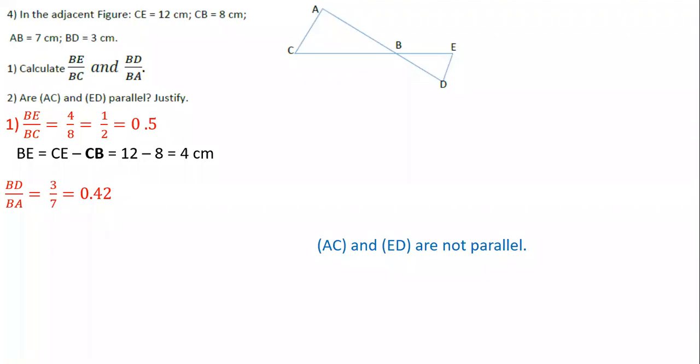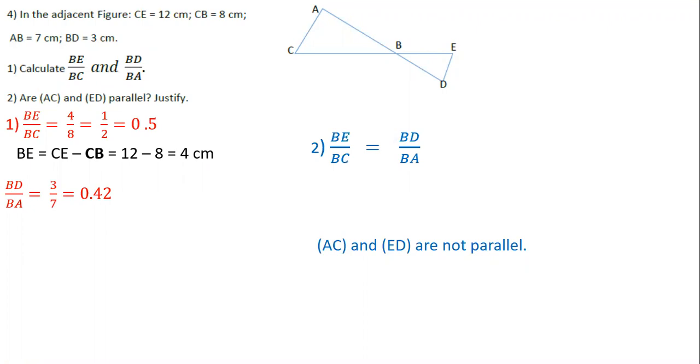They're not. So by converse of Thales theorem, are my lines DE and AC parallel? They're not parallel. Because the two ratios that I calculated are not equal, by converse of Thales theorem, the two lines would not be parallel. This is how we write it.